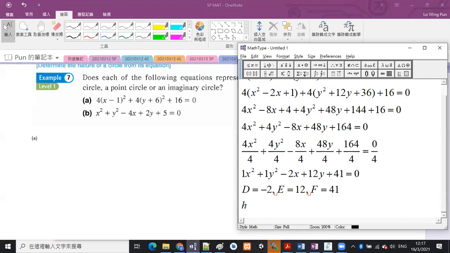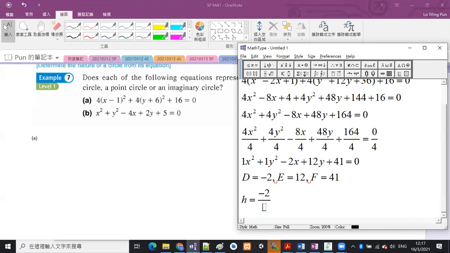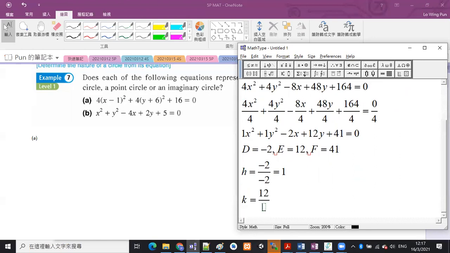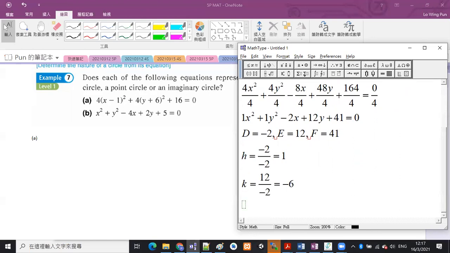And then the h value, we need to calculate the h value and k value first. It is d over -2, that is positive 1. And the k value is e over -2, that is -6. Okay, and then the r squared.